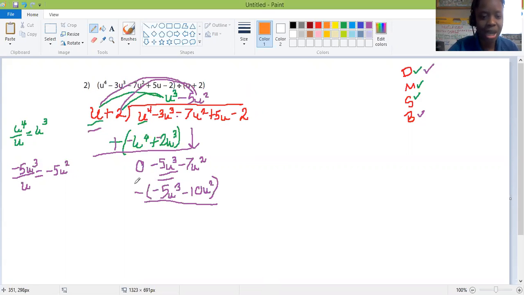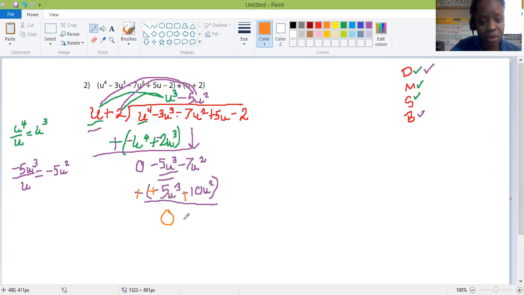I like to add the opposite. You get negative 5u to the third power plus 5u to the third power, so that's 0. Then you have negative 7u to the second power plus 10u to the second power.